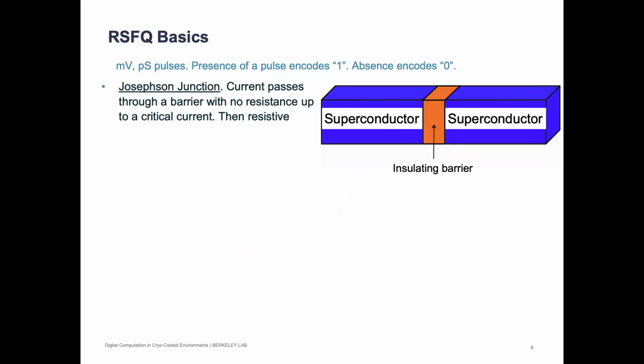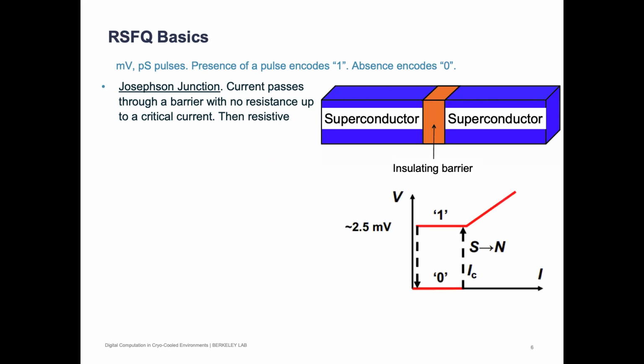Now, what's really interesting about this device is that it has two modes of operation. It has a superconducting and a resistive mode. When you pass current through it, and that current is below a threshold current, the current goes through with no resistance. That's the superconductive state.